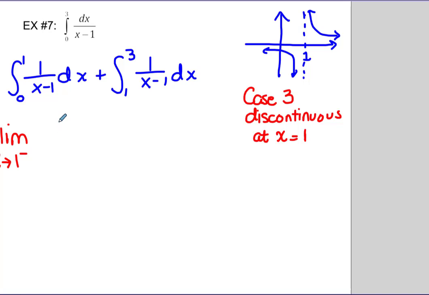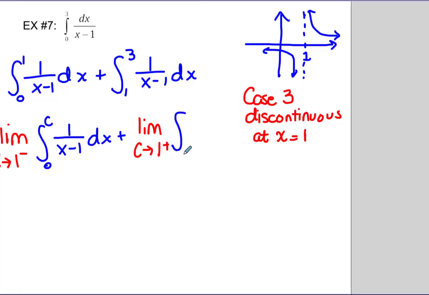So we have from 0 to c, 1 over x minus 1, plus the limit as c approaches 1 from the right for c to 3 of 1 over x minus 1 dx.